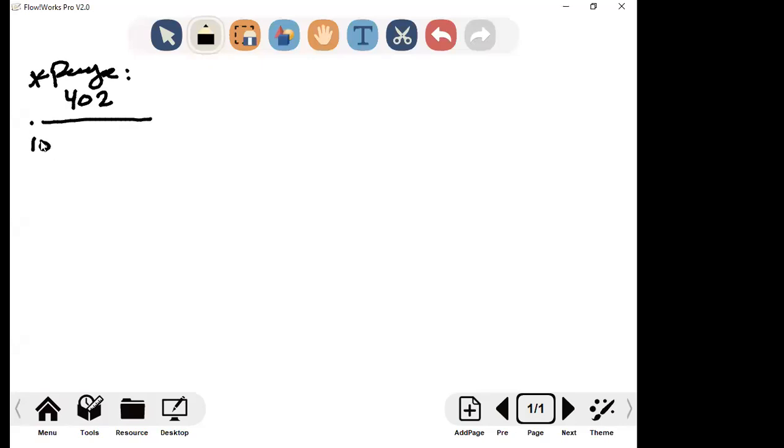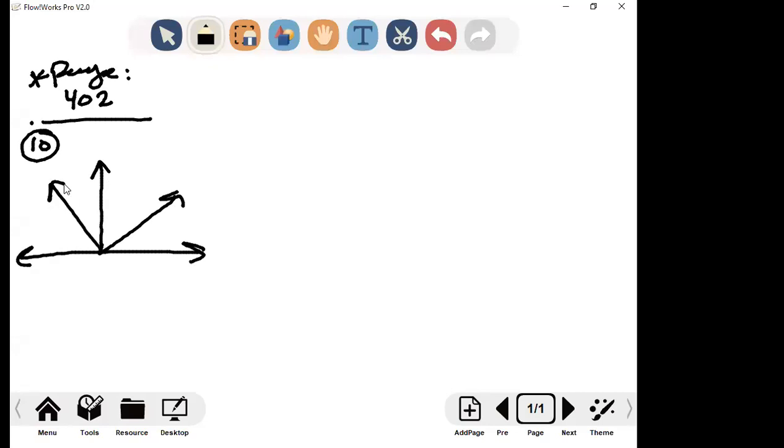In question 10, we have this figure with 3 angles. The first one here, x plus 10. The second one, 3x plus 15. And the third one is 103.